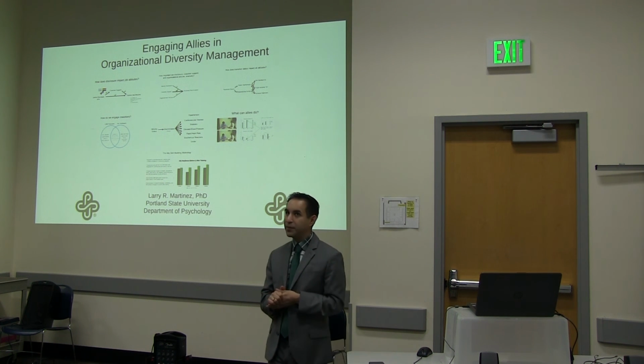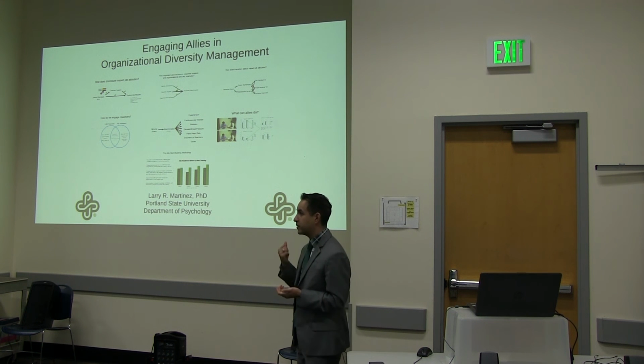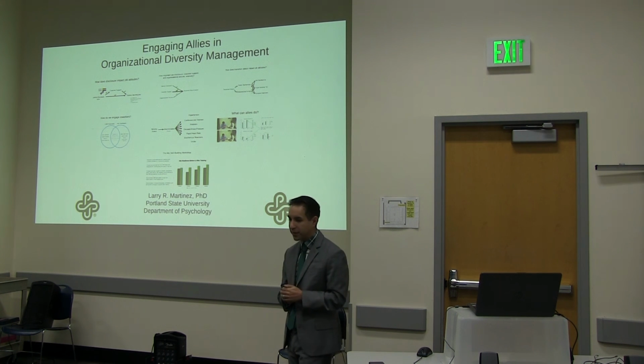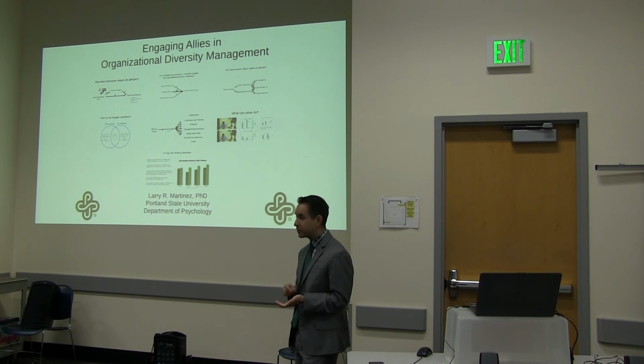So that's why we did it this way, right? We call it an ally skill building workshop because people like building skills and they like being allies, and it's more proactive, more of a positive psychology spin on it. And it gives concrete things.